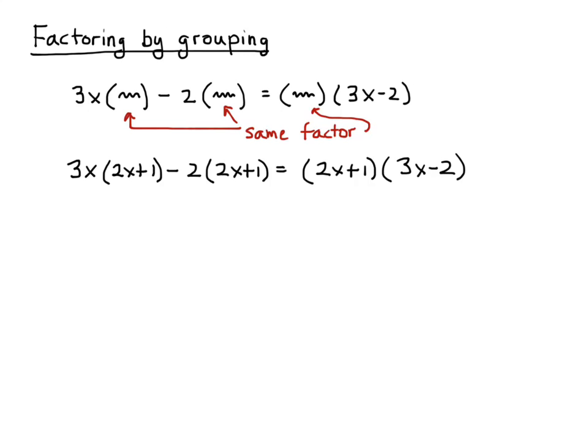Recognizing this pattern, you can factor it by putting it on the left or on the right, it doesn't really matter, but that 3x and that -2 form a binomial, and then that 2x plus 1 just cleanly factors out. So look at this one and see if you can see what that factors out to be.